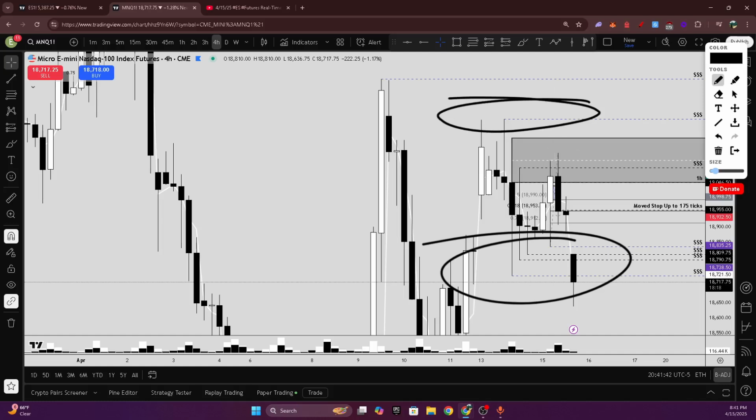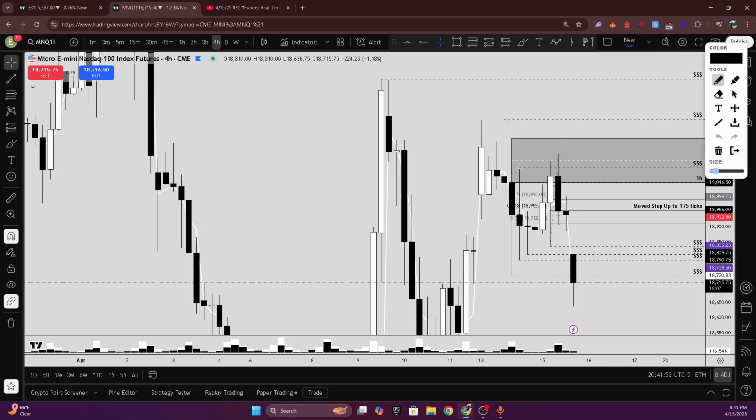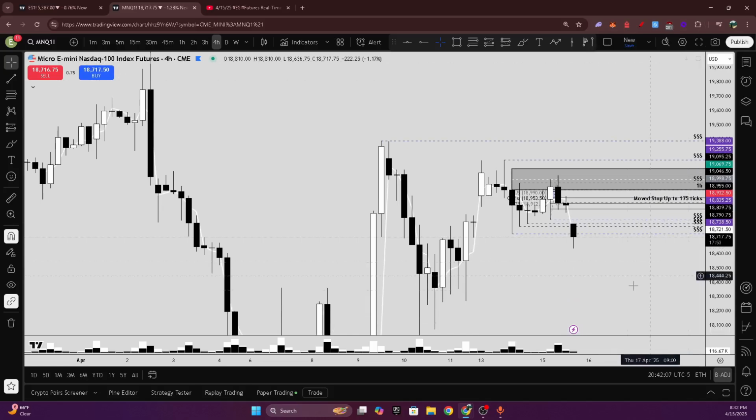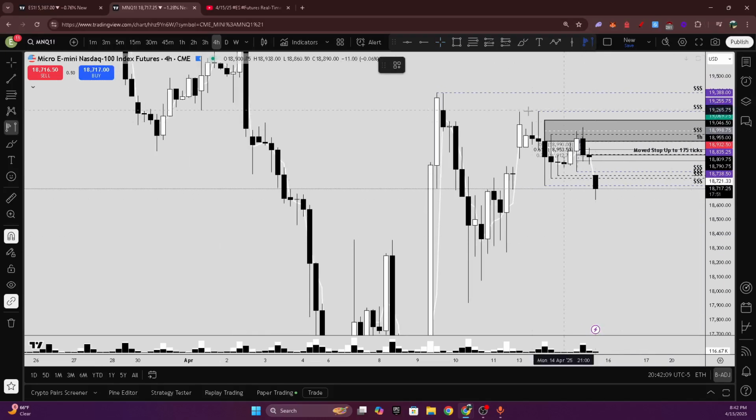But what was really interesting was when market opened, we pushed up into this supply zone, took the liquidity located inside the supply zone, and aggressively started to sell. There were no setups for that selling movement, but that does set up a lot of context for the remaining portion of the trade.